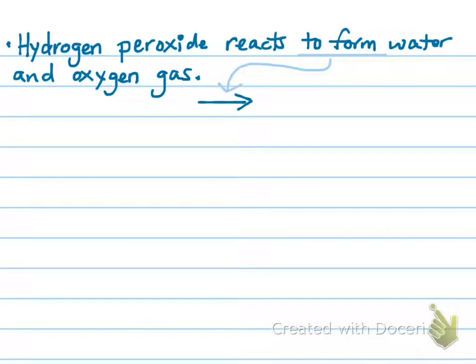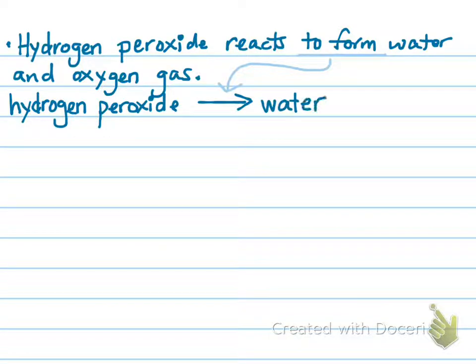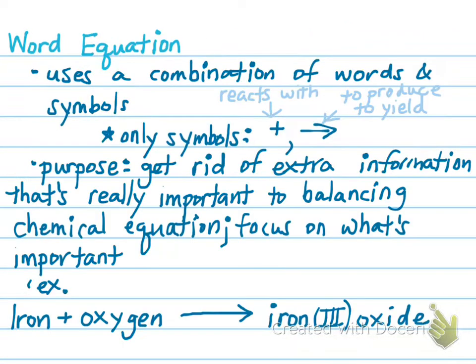Hydrogen peroxide reacts. So that means hydrogen peroxide is a reactant. So I should put it on the left. Reacts to form, so there's not another reactant here, to form water and oxygen gas. So one of my products is water. The and, again, remember, my only symbols can be plus signs and arrows.